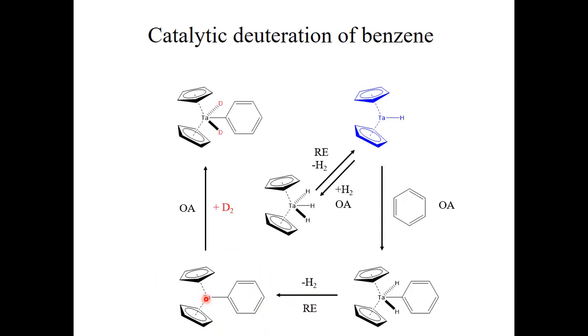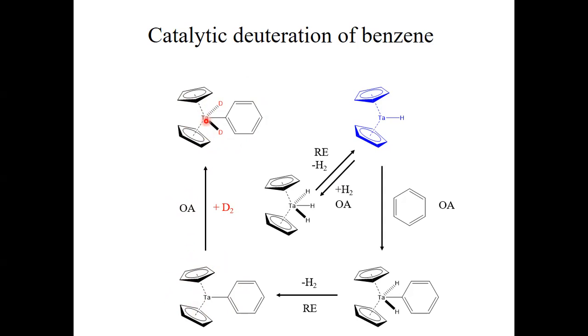So in the next step, we can now add D2 in an oxidative addition reaction. So as we add D2, again, we go from the coordination number 3 to the coordination number 5. And we go from the oxidation number 3 to the oxidation number 5.